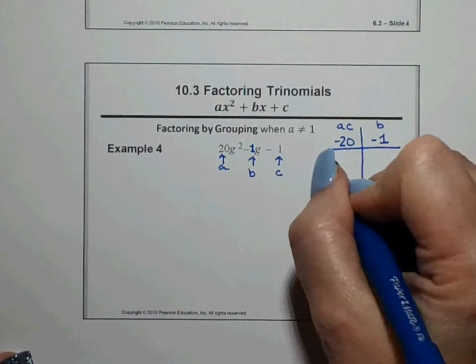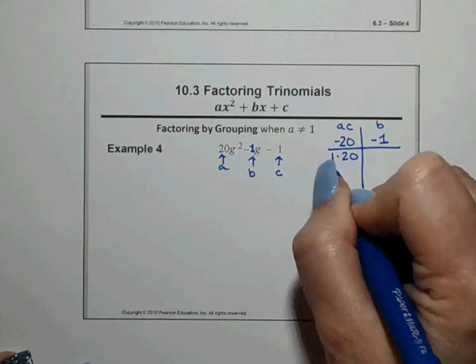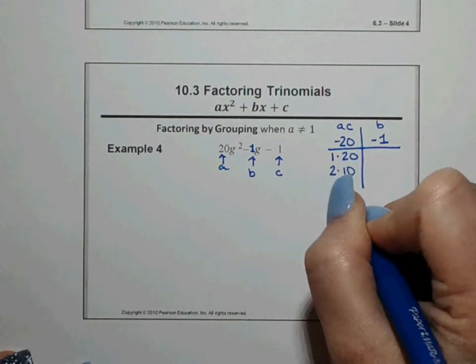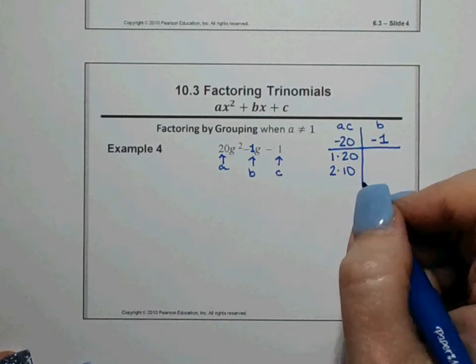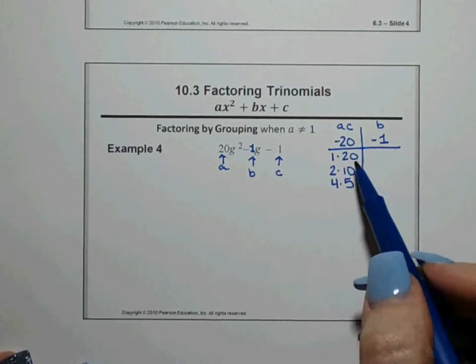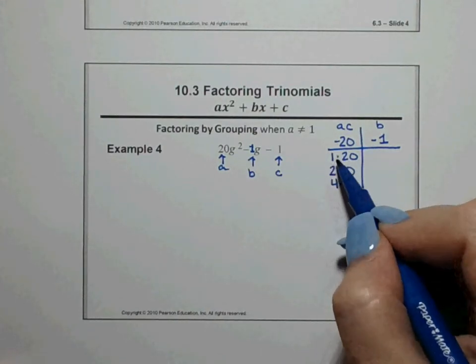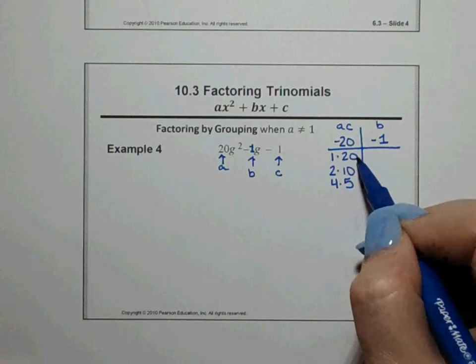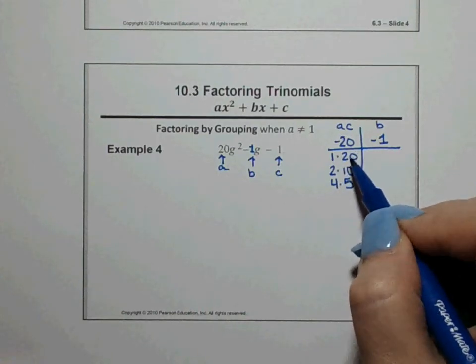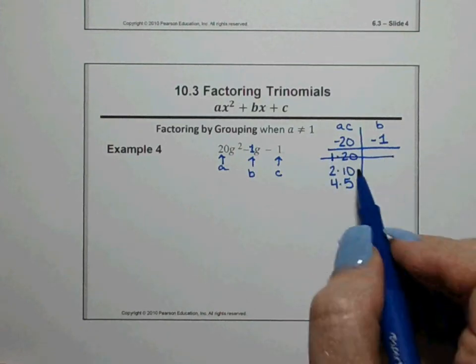So we've got 1 and 20, 2 and 10, 4 and 5. Okay, so let's see, no matter which one of these two I make negative or positive, the 1 or the 20, I can't make them equal negative 1, so that's not going to work.